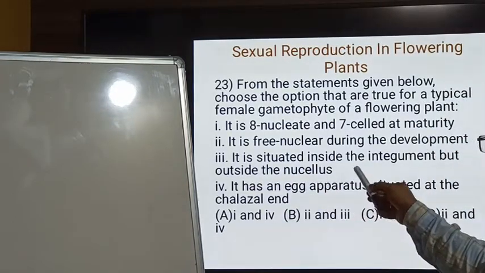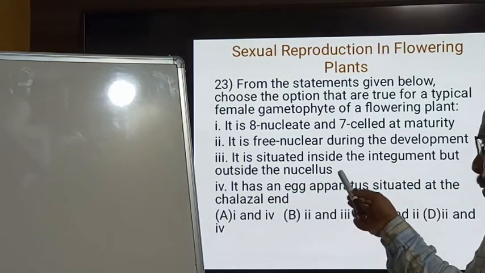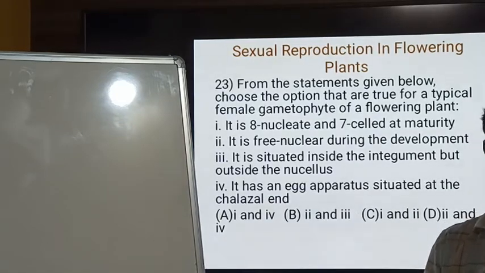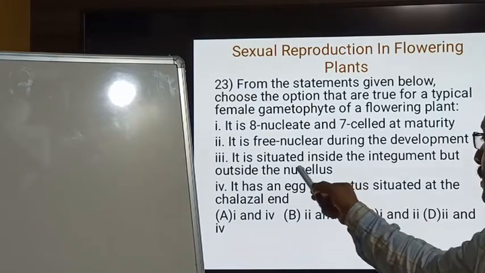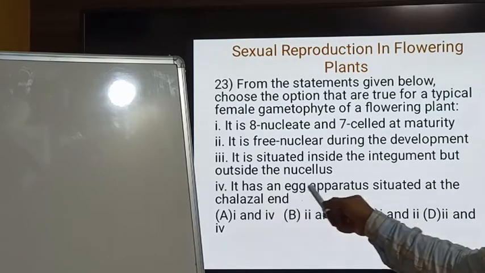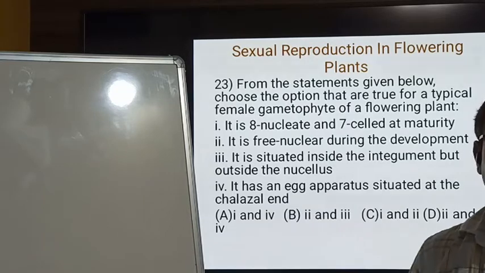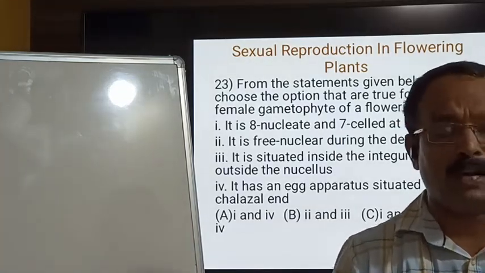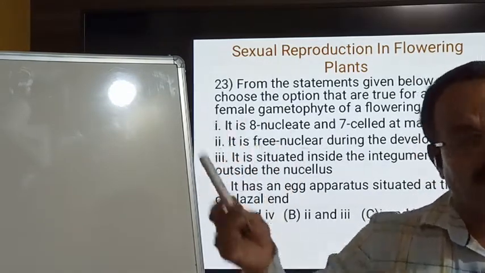It is situated inside the integument but outside the nucellus. No. Where is the embryo sac present? Inside the nucellus, and this nucellus is covered by outer and inner integument. So this statement is not right. It has the egg apparatus situated at the chalazal end. No. Inside the embryo sac, the egg or female gamete is situated towards the micropylar end, while antipodals are situated towards the chalazal end.